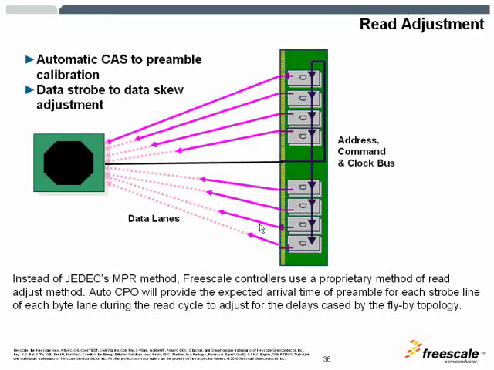Now this delay or skew that is introduced because of the flyby needs to be managed during the read and write. Here you see the read adjustments, or the methods that we use to adjust during the read cycles.